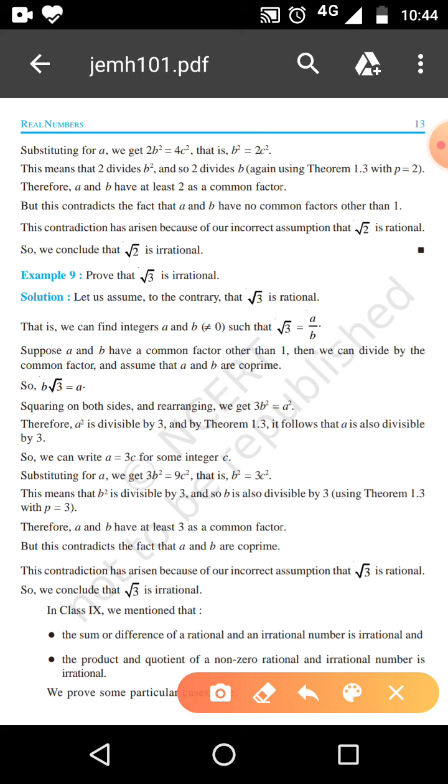So this contradicts the fact that root 3 is a rational number. That's why root 3 is an irrational number.